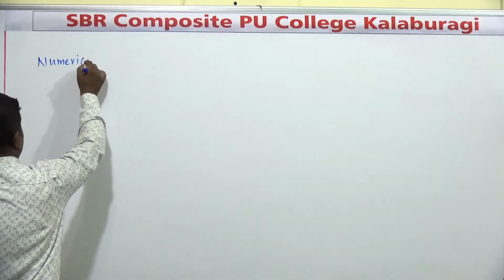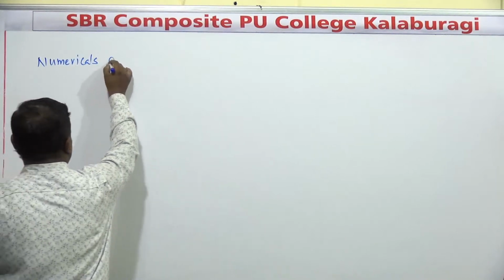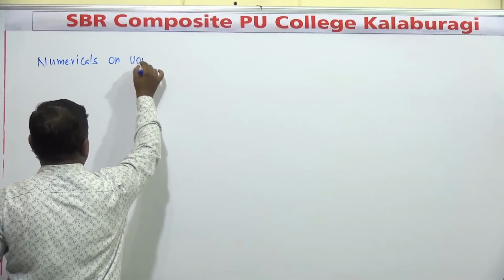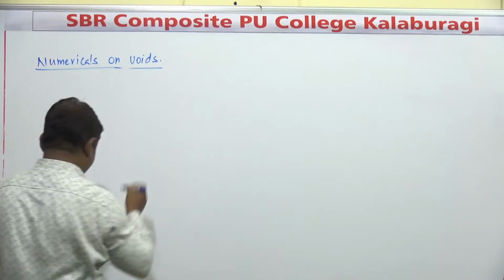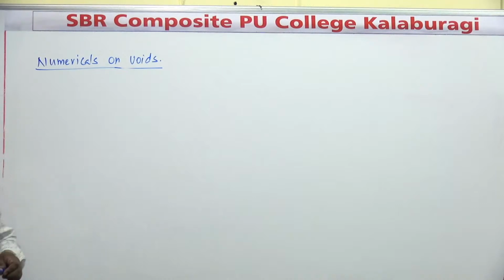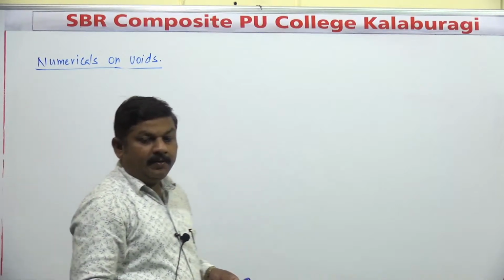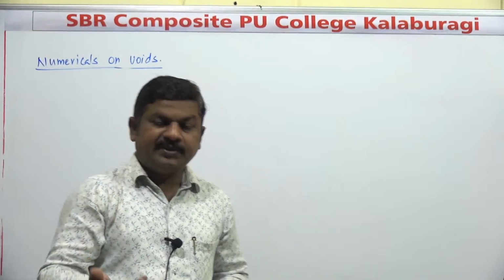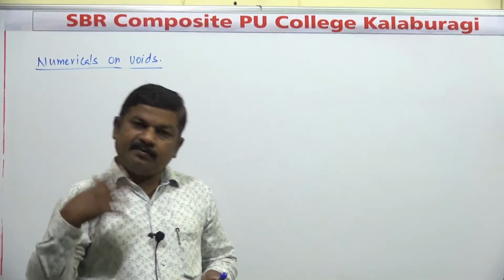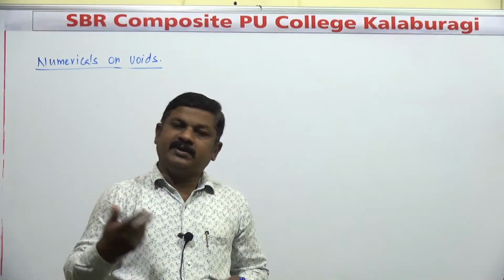Numericals on voids. In this type of numericals, you need to calculate the formula for the unit cell. They will mention the presence of atoms or spheres or the constituent particles.